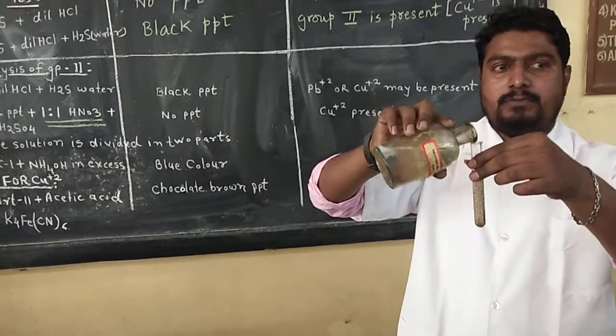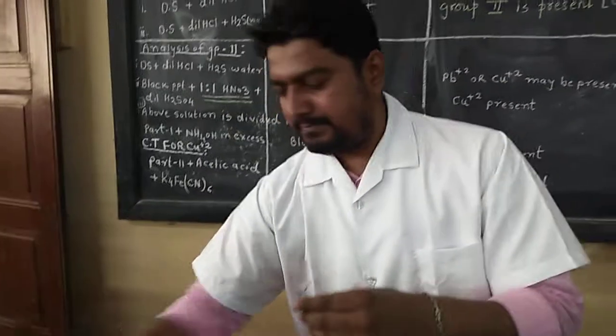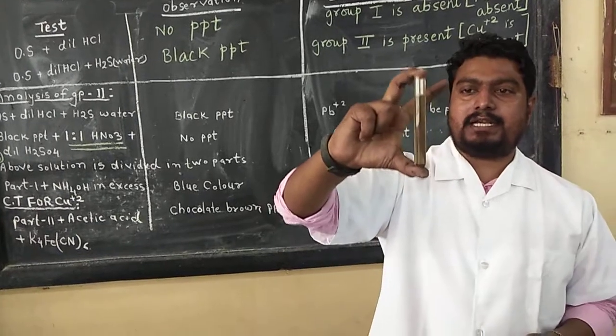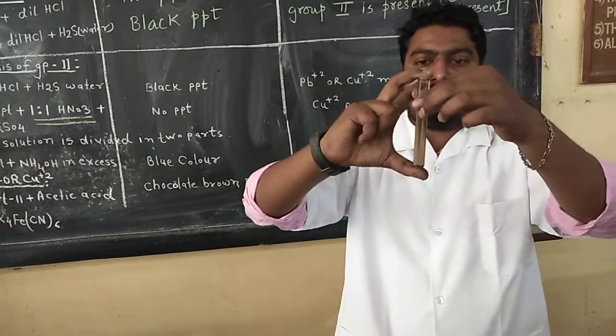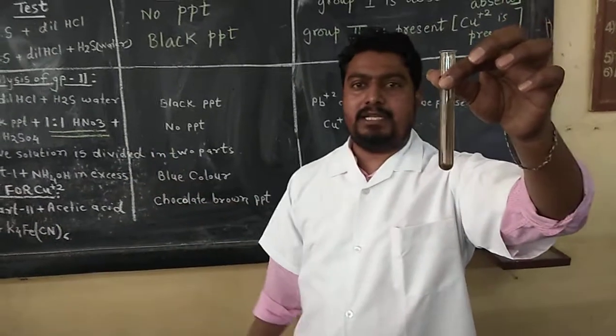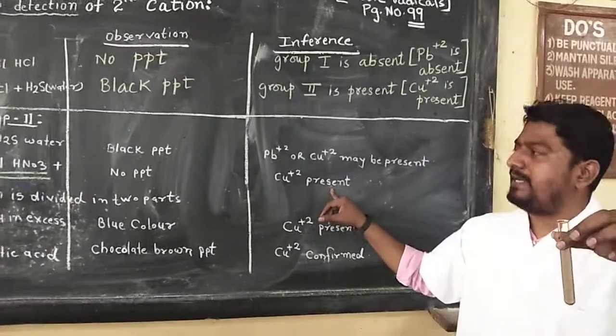The observation will be no PPT. You have to shake it properly after addition. See, you will see a clear solution. Can you see the clear solution? It means this black PPT got dissolved. So no PPT, and your Cu plus 2 is present.